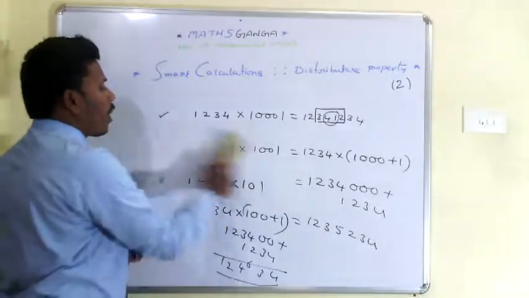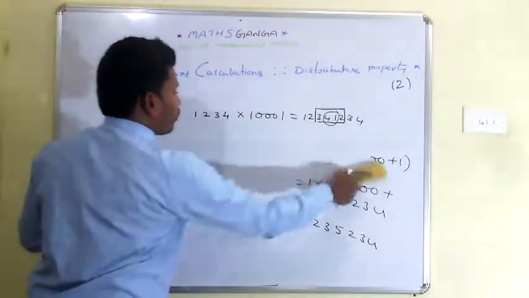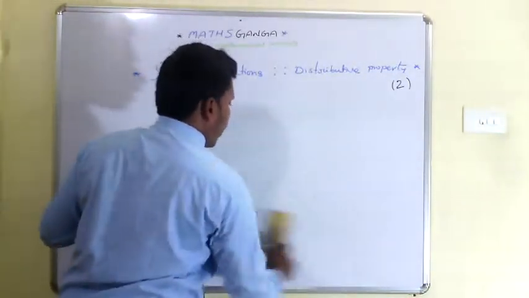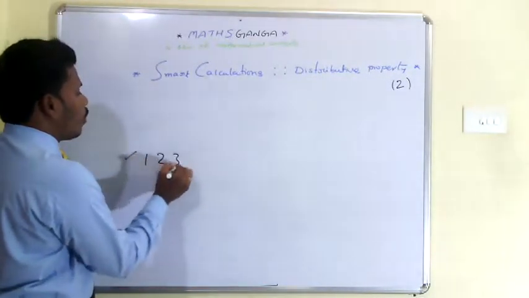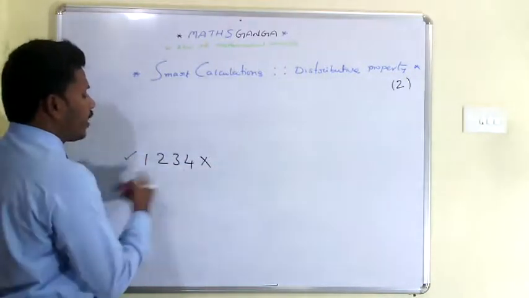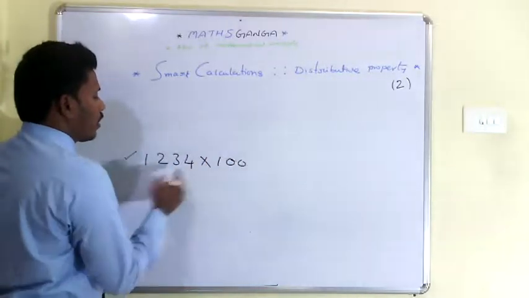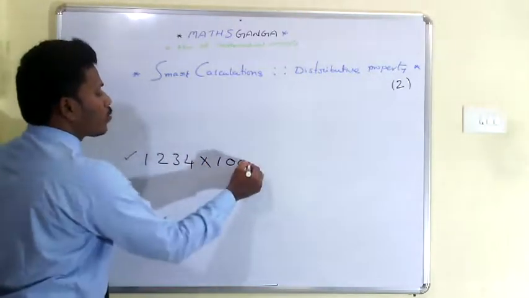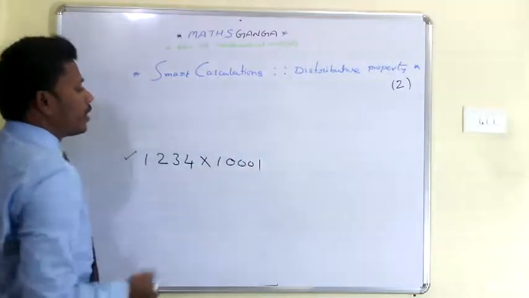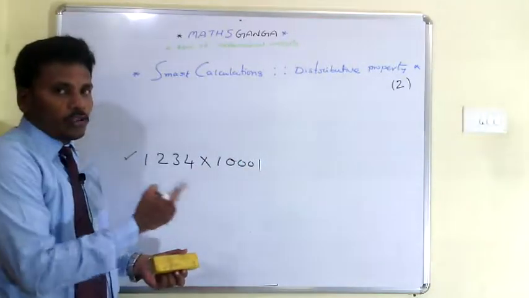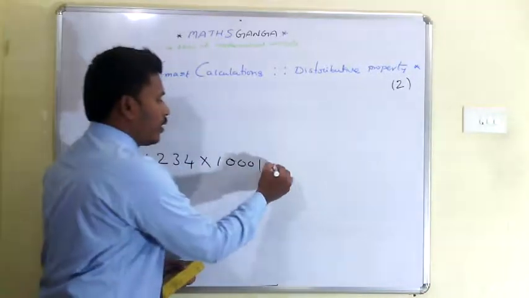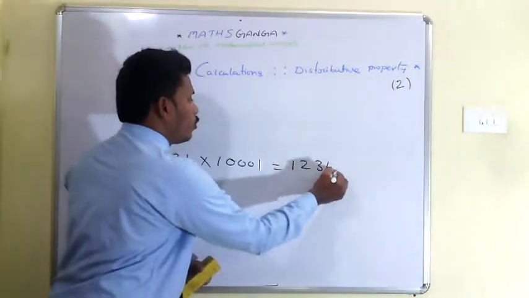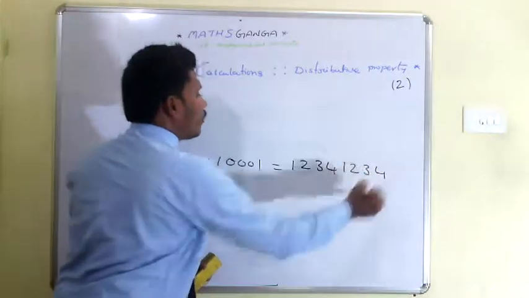Okay. See, now observe what is happening. Suppose I have the number 1, 2, 3, 4. Since I have 4 digits, I need to multiply it by a number with 3 zeros and 1, that is 10,001. If you multiply this 1, 2, 3, 4 with 10,001, the value is 1, 2, 3, 4, 1, 2, 3, 4.